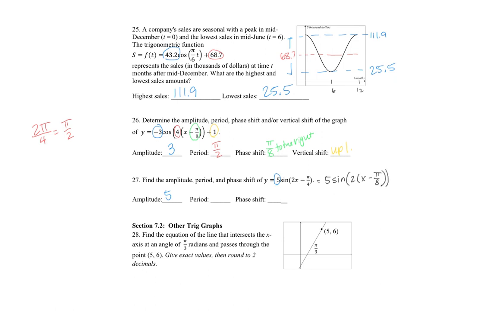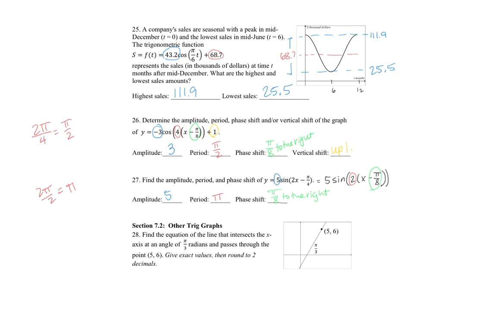So my period is going to be 2 pi over 2, which is just pi. And for the phase shift, I can see it's going to be right here. So it's going to be pi over 8 to the right. And it's just a coincidence that they both ended up being pi over 8.